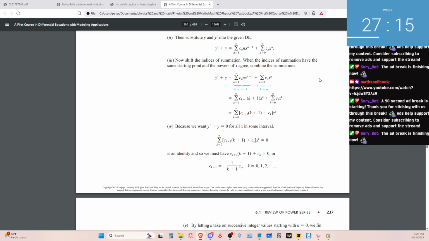So k is equal to n and k is equal to n minus 1. So in this case, n is k plus 1, which is okay. Then you can put them together, like so.